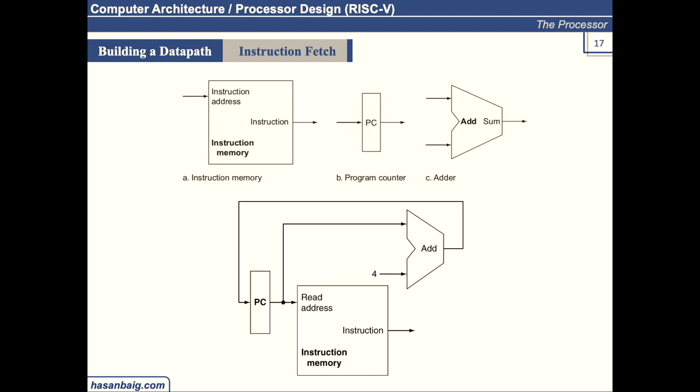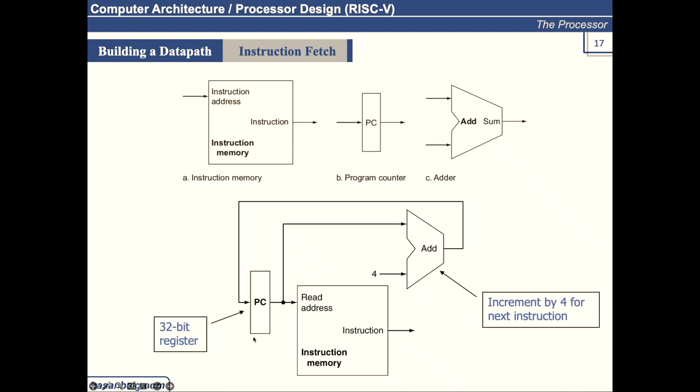Any question? Isn't it simple to draw? PC is a 32-bit register, and we need to increment it by 4 to execute the next instruction, which is in order. So this was the instruction fetch part.